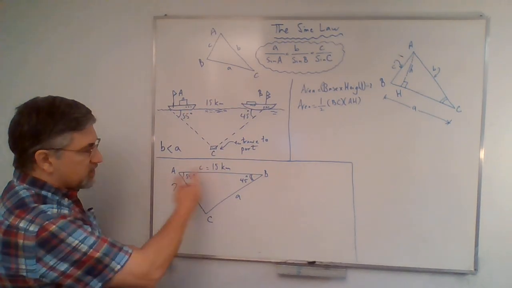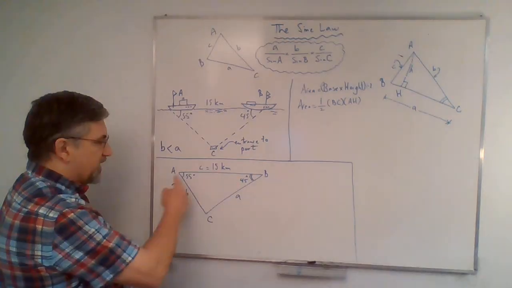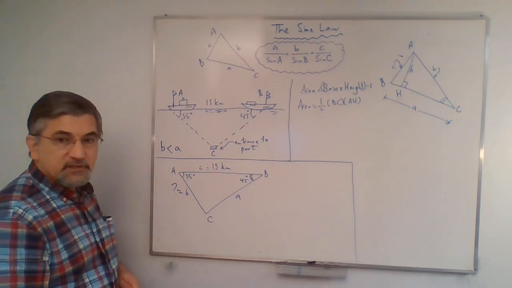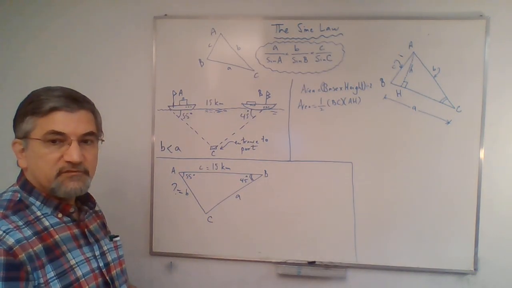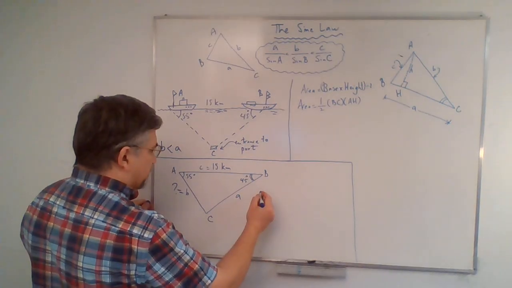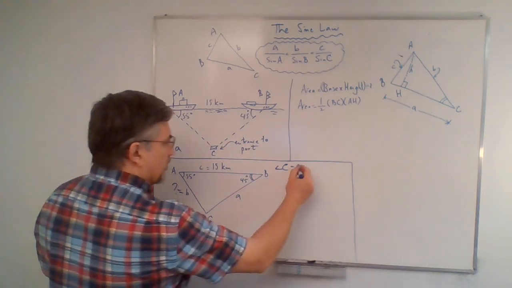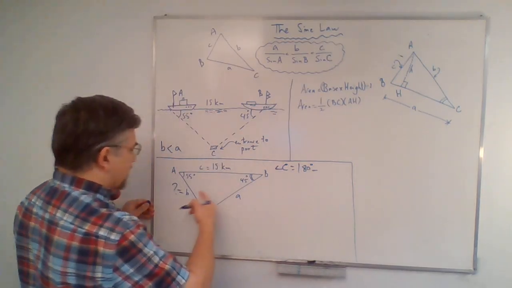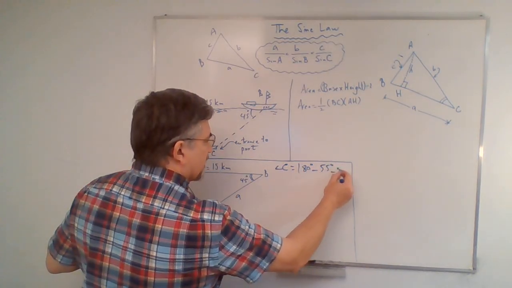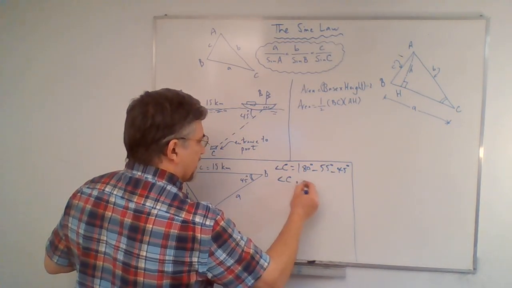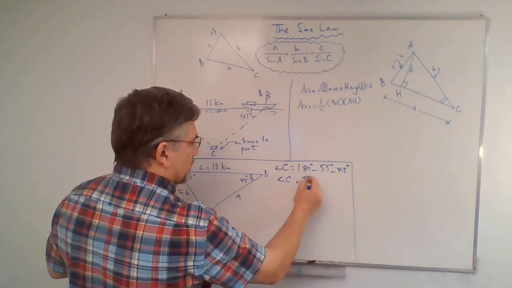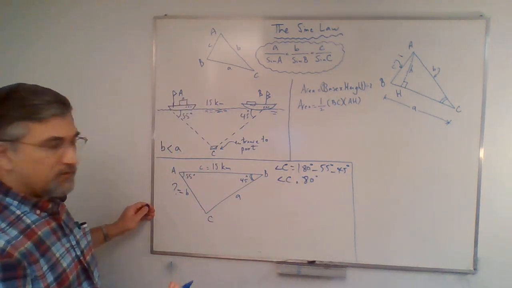When you look at this exercise, you see that two angles and one contained side are given. So this points at the use of sine law. First of all, angle C equals 180 take away 55, take away 45. So the difference would be 80 degrees.